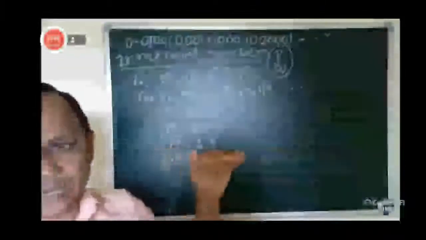Here we have left out root 1, root 4, root 9, root 16, which equal plus minus 1, plus minus 2, plus minus 3, plus minus 4. So these are rational numbers, because we can find the square root of these numbers.